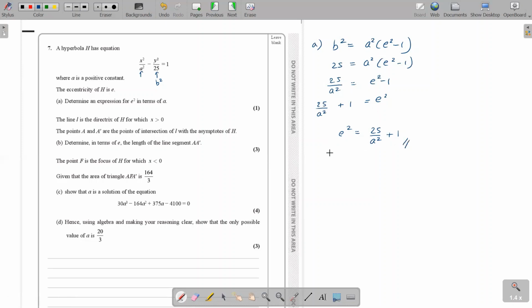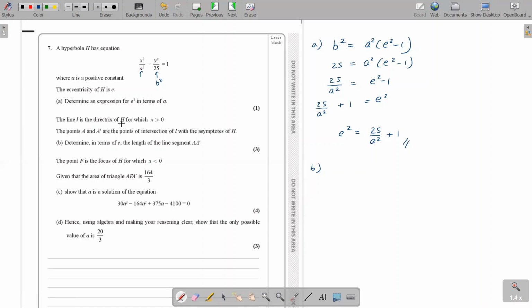And then part b: the line L is the directrix of H for which x is greater than 0. The points A and A dash are the points of intersection of L with the asymptotes of H. Do you know what's happening here? You have your hyperbola, and L is the directrix.